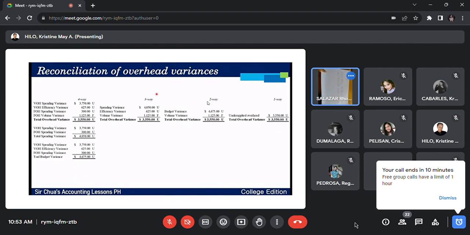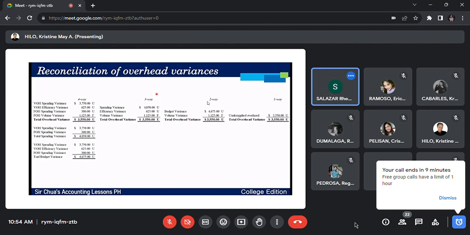Sa one-way under and overhead, 3,550 ang total overhead variance. 3,550. So ngani nato may bawaan sa reconciliation kung sakto ba ang ato pag-report ng variances.